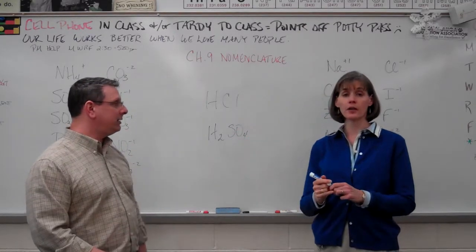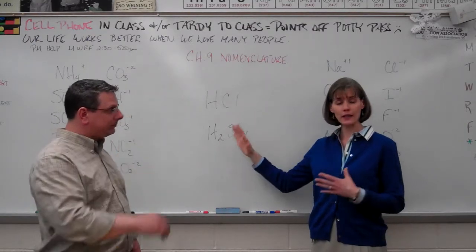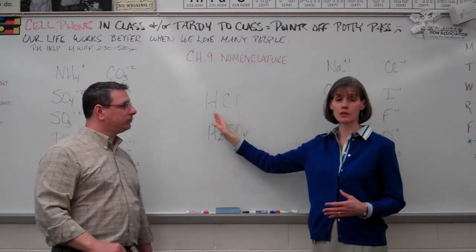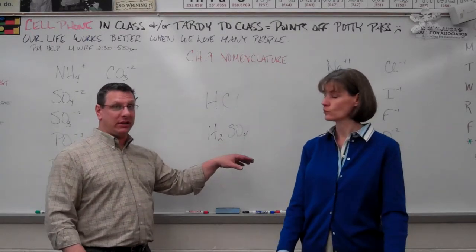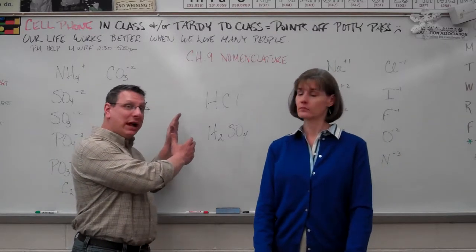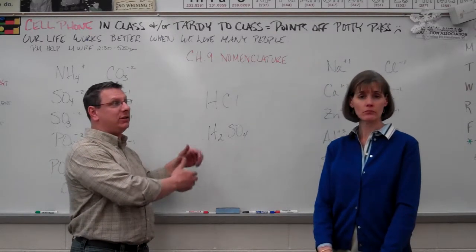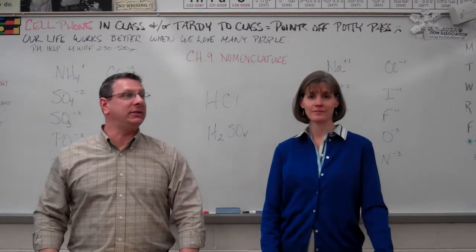And we know from our inquiry activity that we could recognize something was an acid because it started with hydrogen, even if it has an H somewhere else in the formula. We always keep that H out there on the front of the formula of an acid to really emphasize that this is indeed an acid.